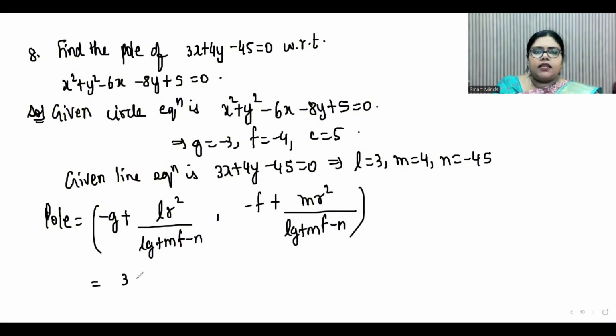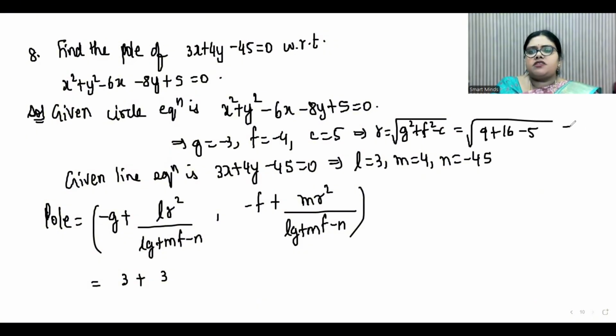That is 3 plus... l is 3, and here we need to find r also. r is root of g² + f² - c, that is root of 9 + 16 - 5, which is equal to root 20. If r is root 20, r² will be 20, right?